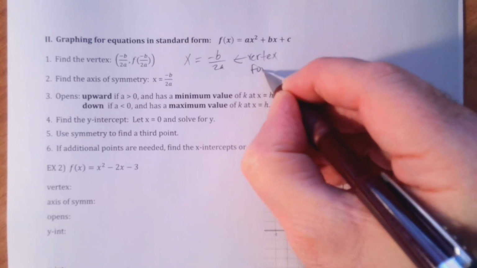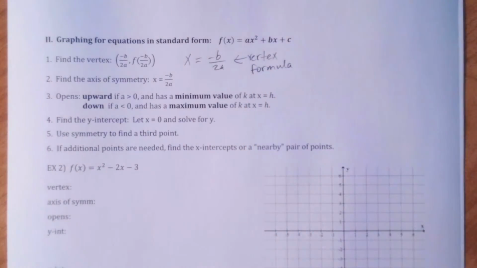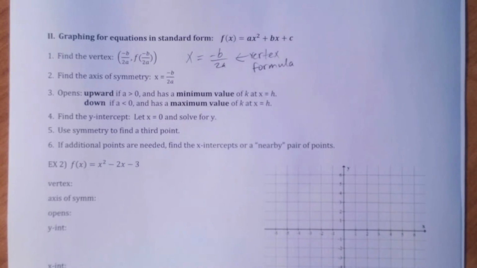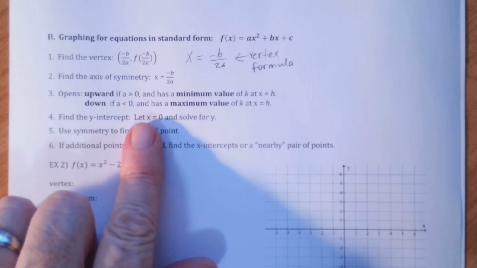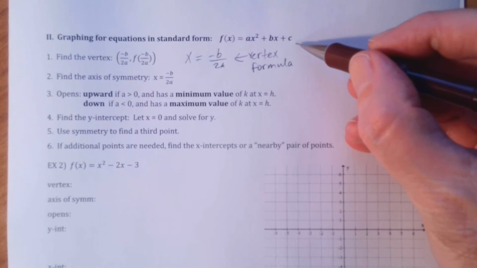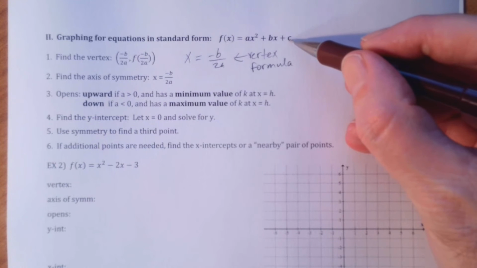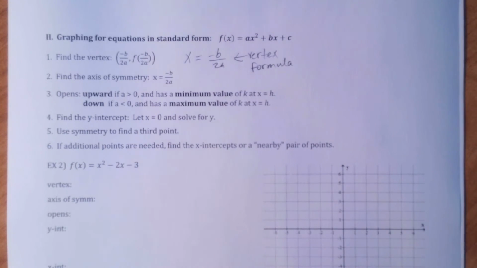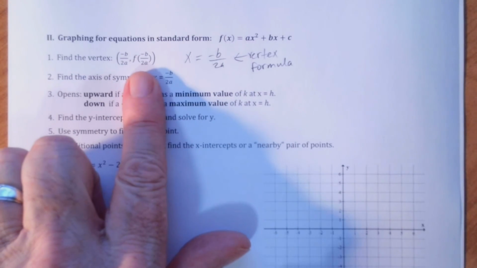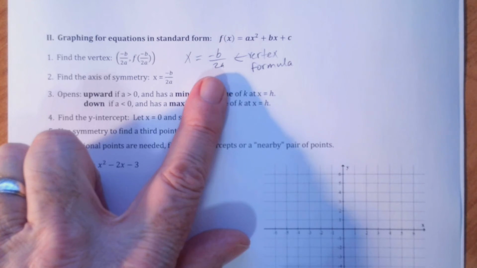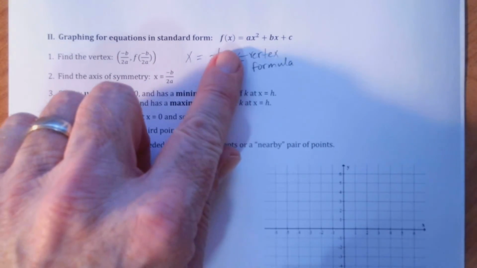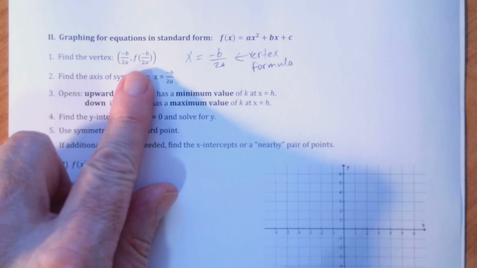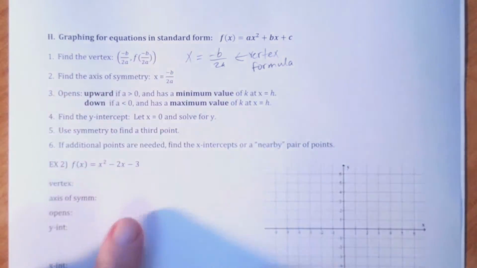So this is a formula that you need to know by heart. It's how you find the x value of the vertex. And again, it's basically derived from this general form here by completing the square and changing this to the vertex form that we were working with on the first page. And in fact, there is a formula for y, but it's just easier once we find the x value to just plug that into the function, and that gives us the y value of the vertex.